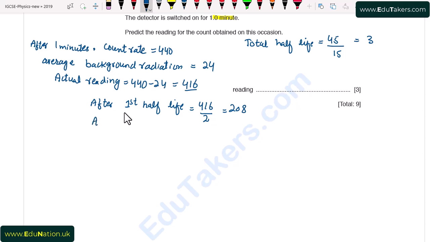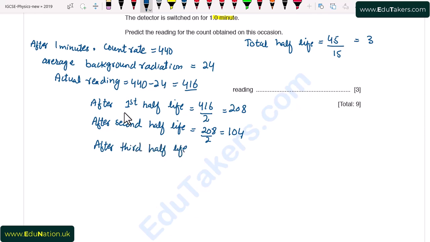After the second half-life, I divide 208 by 2 so that it comes to be 104. And after the third half-life, it will be equal to 104 divided by 2 and it is equal to 52. So these are the counts from the sample.